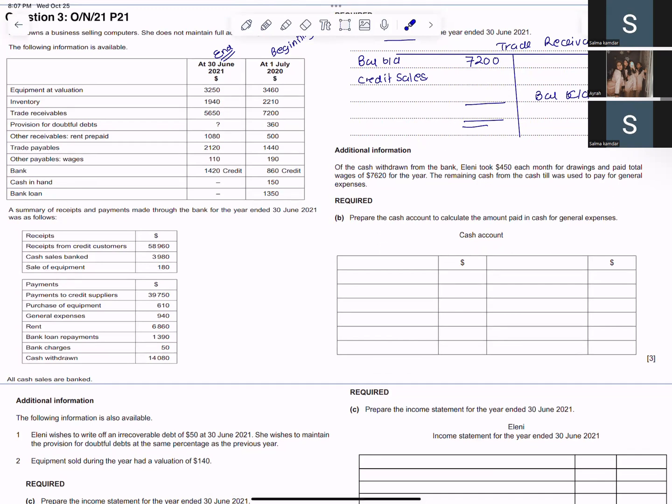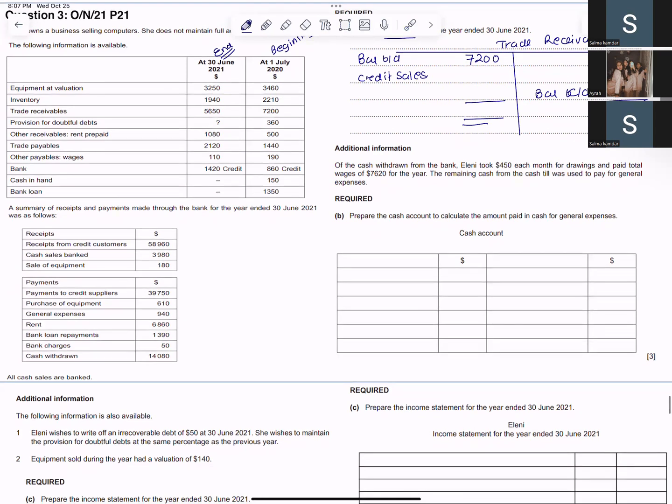So cash account has a balance brought down on which side? Of 150 on the debit side. So I am just marking what is done and putting whatever I am getting. Is that correct? Then I have bank loan. Will it come in cash account? No, it will not come.